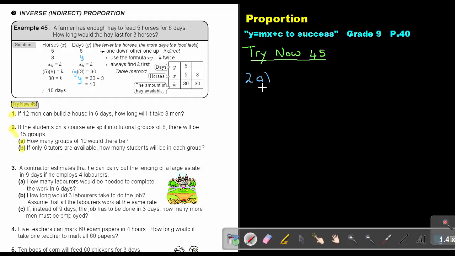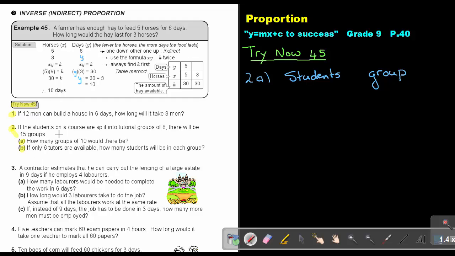So it's the amount of students, and it's the groups. But now how many groups of 10? Remember, this is the same amount of students. So if there's 8, but now there are more in a group, then what will happen to the groups? It will become less. So one is going up, the other one is going down.